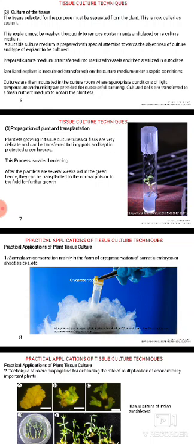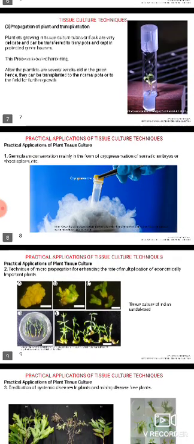After the plantlets are several weeks old in the greenhouse, they can be transplanted to the normal pots or to the field for further growth. The practical application of tissue culture technique. First one is germplasm conservation, mainly in the form of cryopreservation of some somatic embryos or shoot apices.